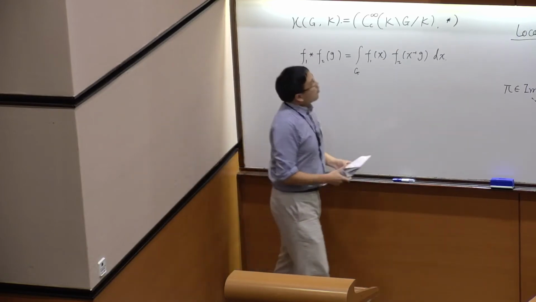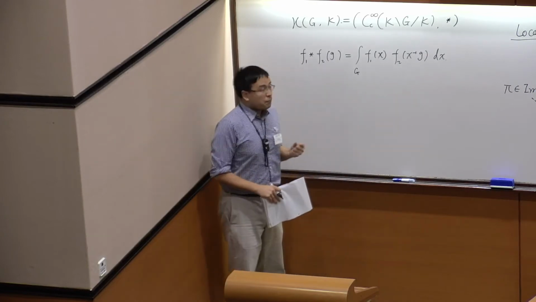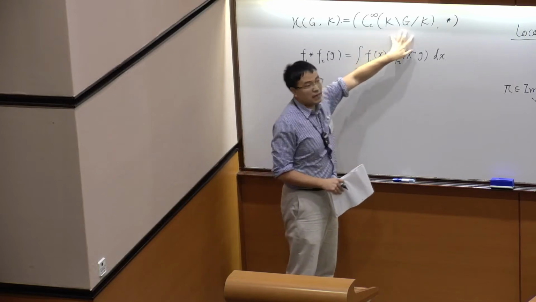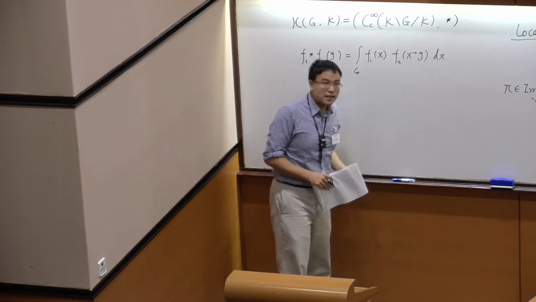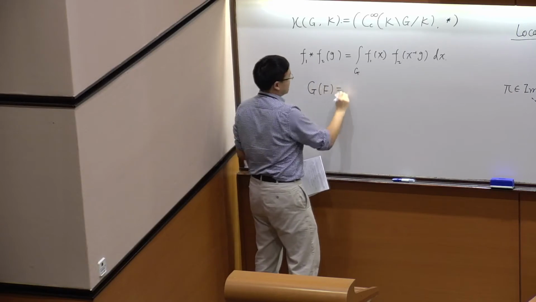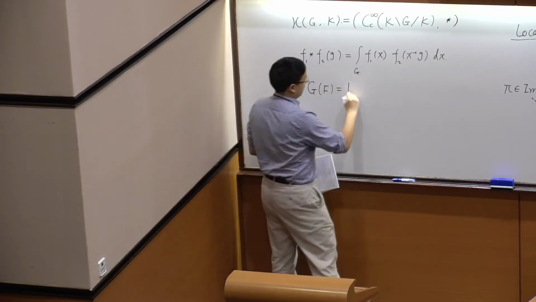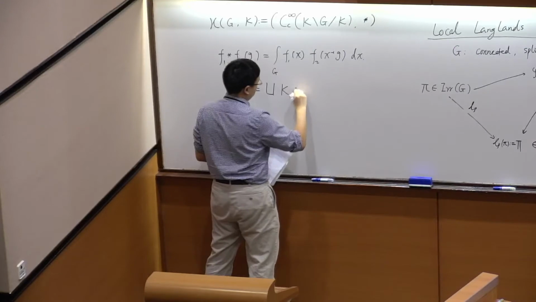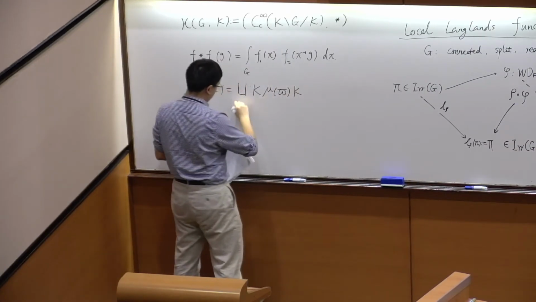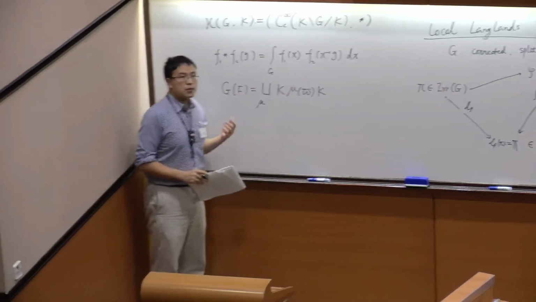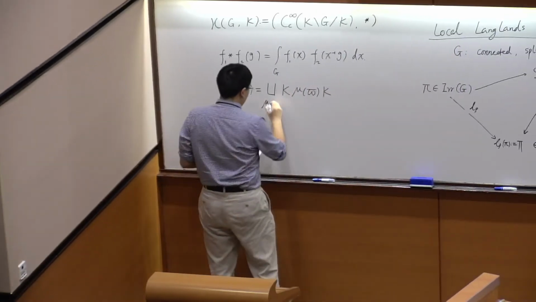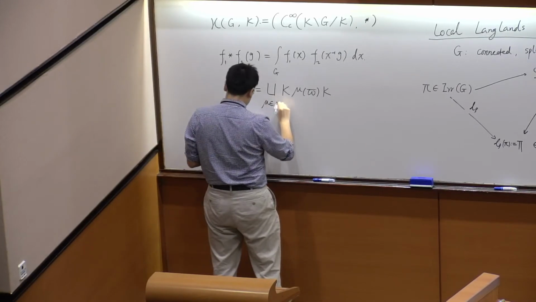Now about this Hecke algebra, the elements are K-bi-invariant. We apply the Cartan decomposition, so we get a disjoint union, a partition for G(F). Here mu is going to run over the dominant co-characters.